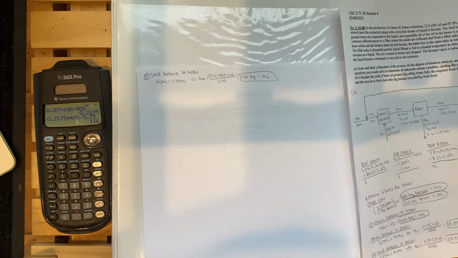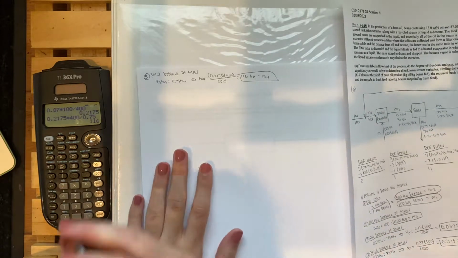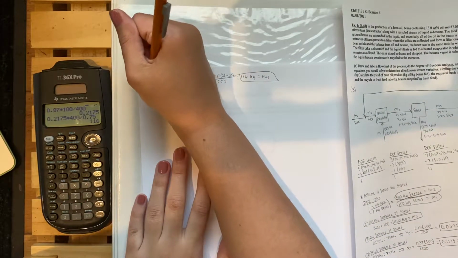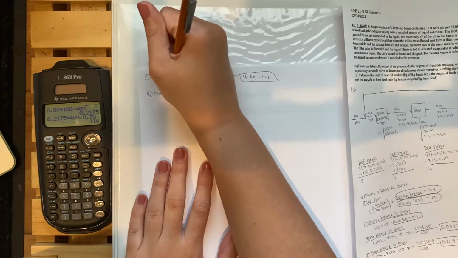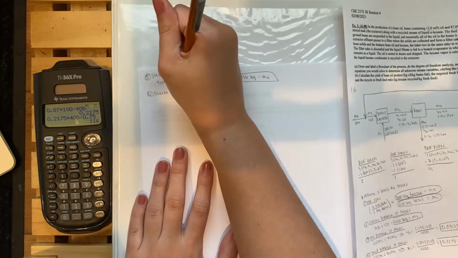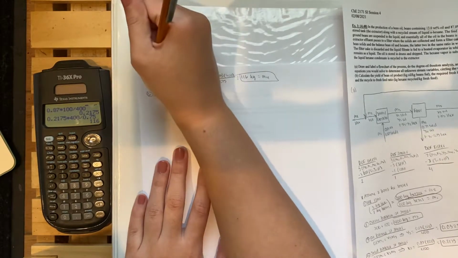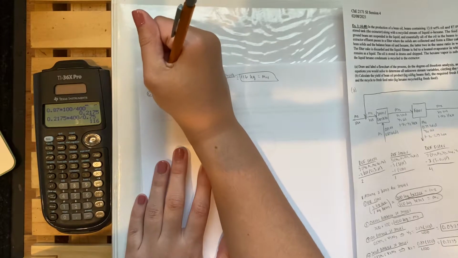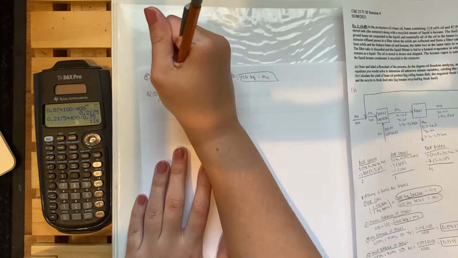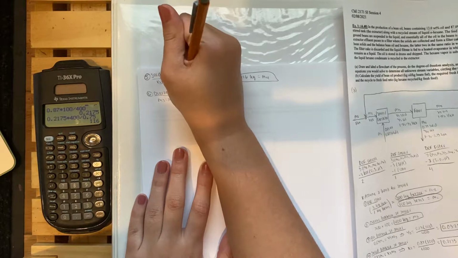Now let's do an overall balance at the filter. So overall at the filter we have M3 is equal to M4 plus M5.